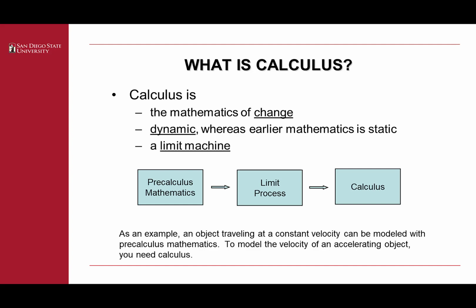An object traveling at a constant velocity can be modeled with pre-calculus mathematics because it is a static system. But to model the velocity of an accelerating object, which has an increasing or decreasing speed, we will need calculus. And to proceed from pre-calculus mathematics to calculus, we use the limit process as an interchange.